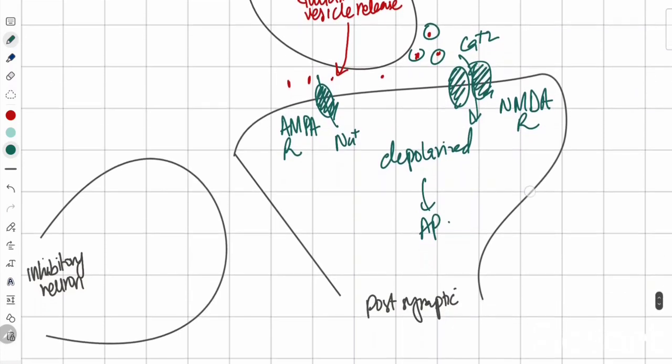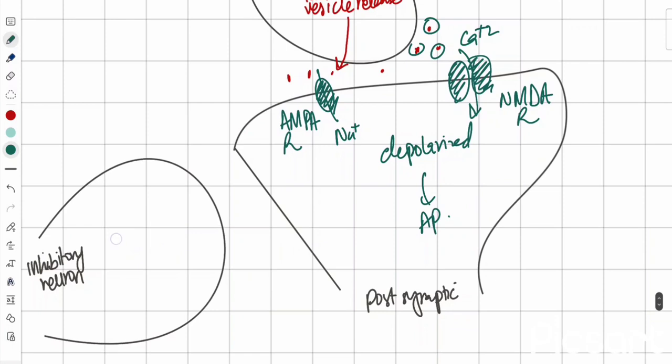But there is also an inhibitory neuron lurking by, and this one is very sneaky, because it releases GABA. Through the same way we saw before, an action potential arrives and causes GABA release, and this GABA attaches to the GABA A receptor.